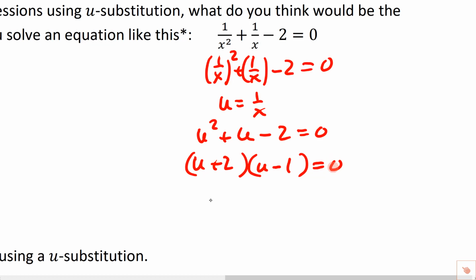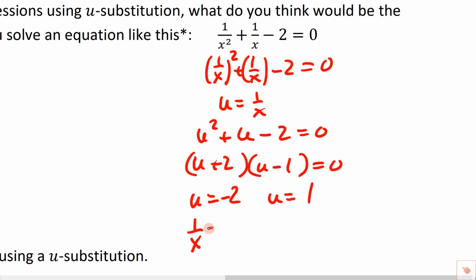So that means the answer we get from this one is a negative 2, and the answer that we get from this one is a positive 1. Well, if the original equation was about x's, and I've got answers in terms of u, I'm going to reverse that substitution. So I can stay with the u's and make this look a lot easier, and then I could just say, well, in the end, can I reverse this substitution?